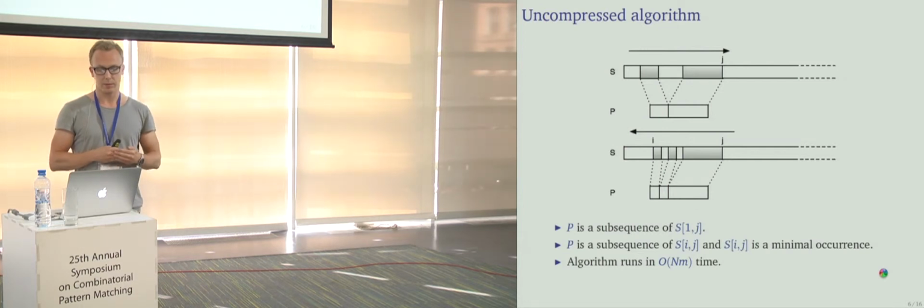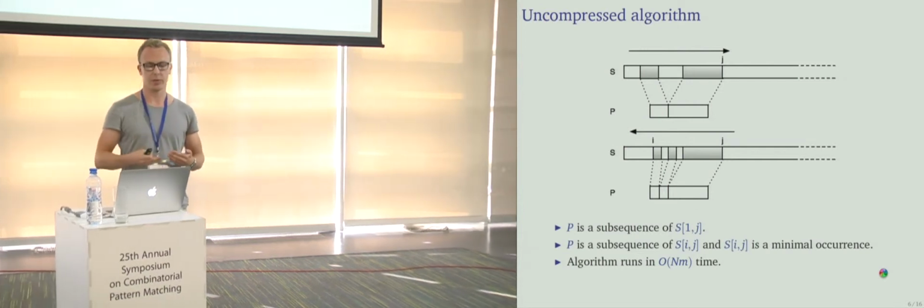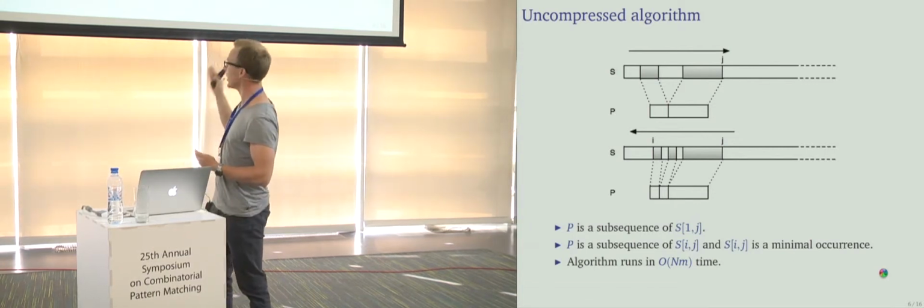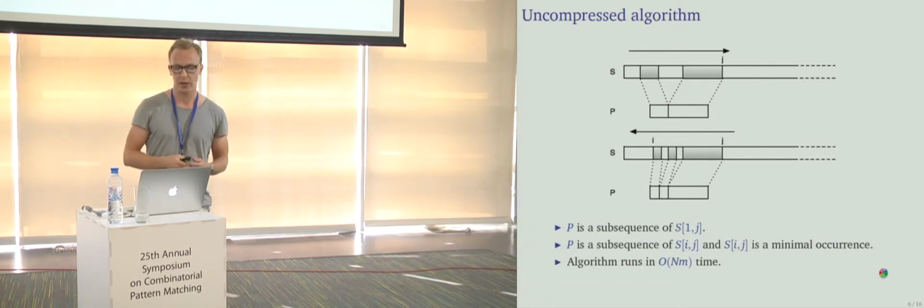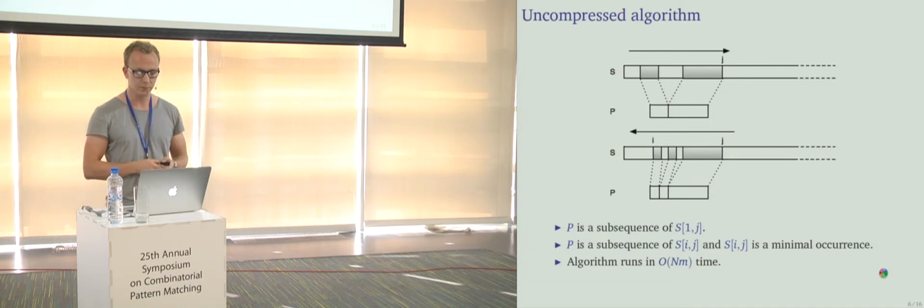And we then repeat this process from, in this case, if i to j is a minimal occurrence, we repeat the process from index i plus 1.